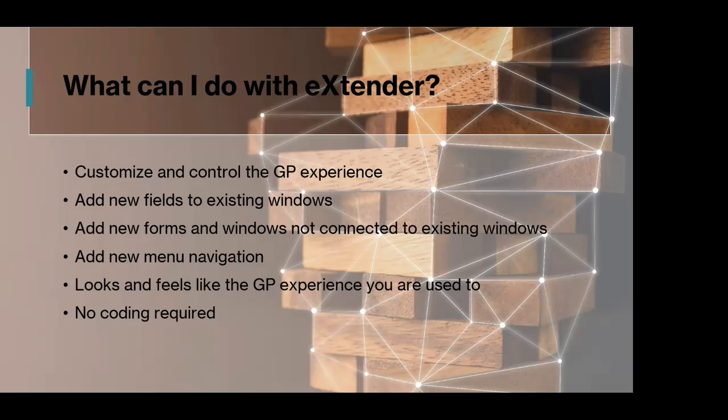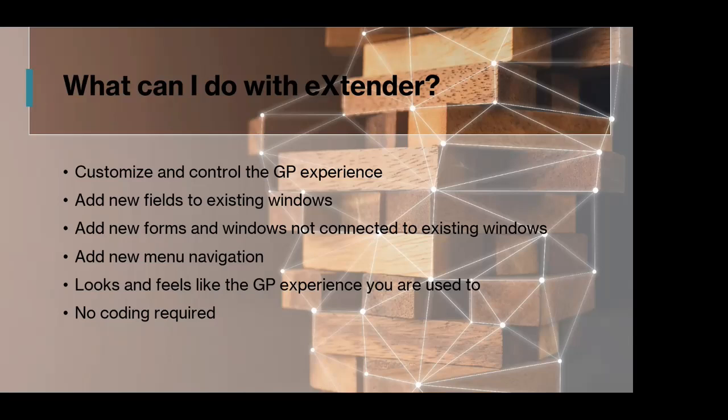Or you want to automatically fill in some data as soon as that window pops up and then put the cursor on the first field that the user normally needs to enter data in. That's what we mean when we say control the Great Plains experience.